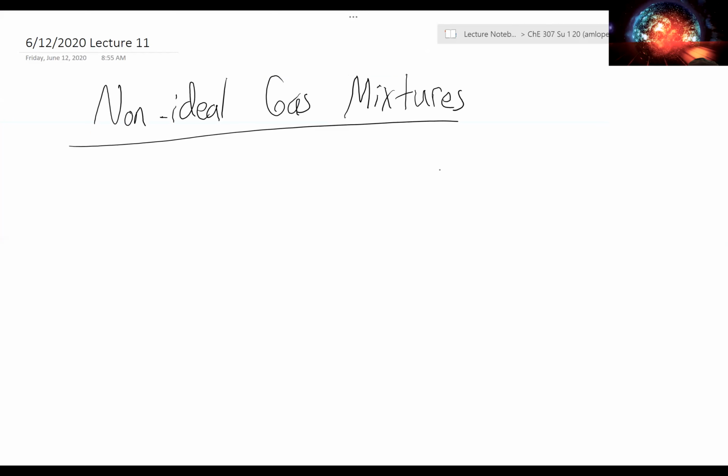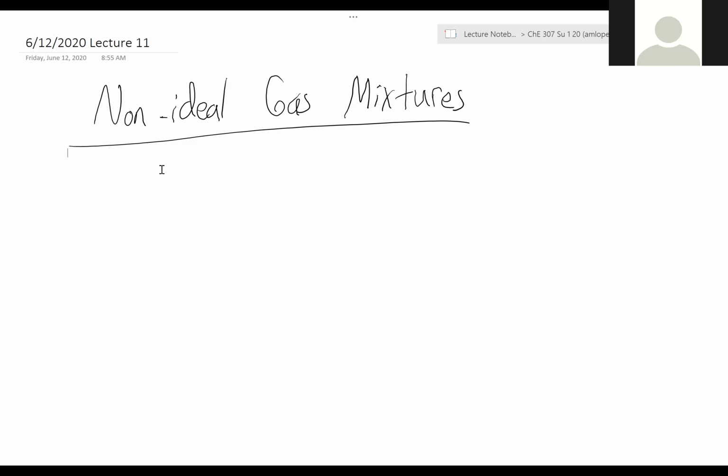And so there's some special things that we have to consider for non-ideal gas mixtures, primarily as it refers to trying to figure out properties of these mixtures.